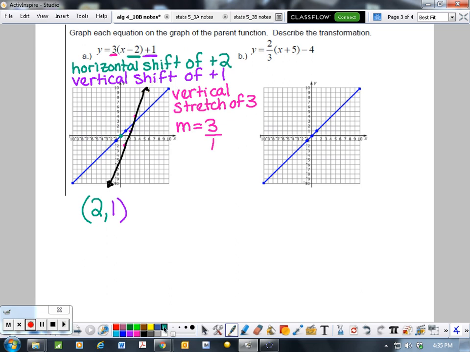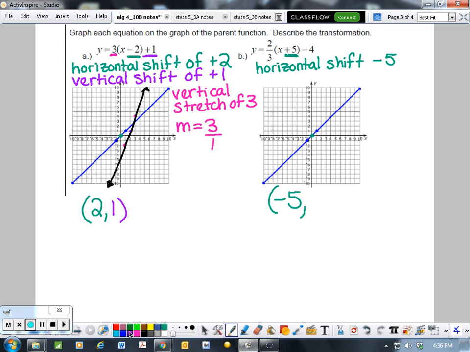Okay, so let's look at our next problem. X value. So I change the sign. X value tells me right or left, so it's horizontal shift. And with horizontal, I change the sign, so -5. So when I'm looking at how this point is going to change, it's going to go from 0 to -5, so left 5.